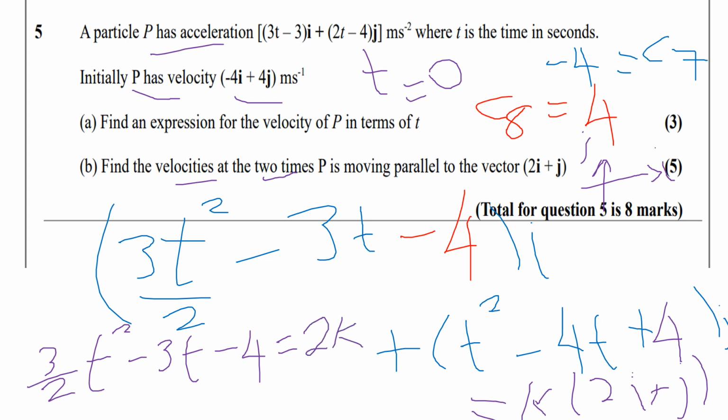And then t squared minus 4t plus 4 equals k, again comparing the coefficients of the j components.